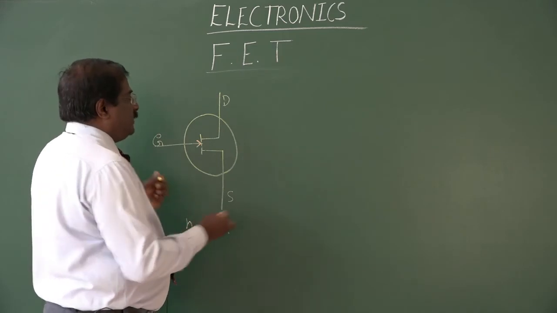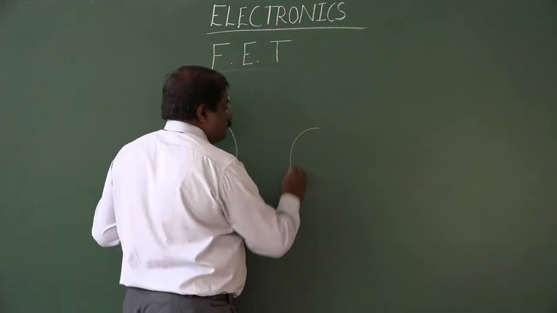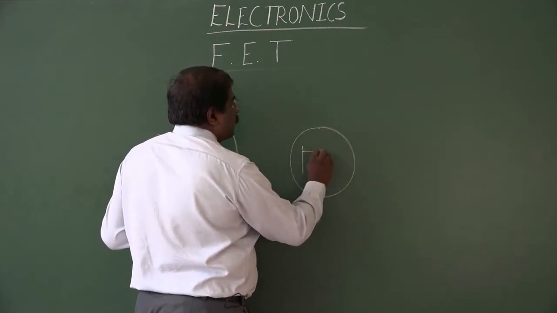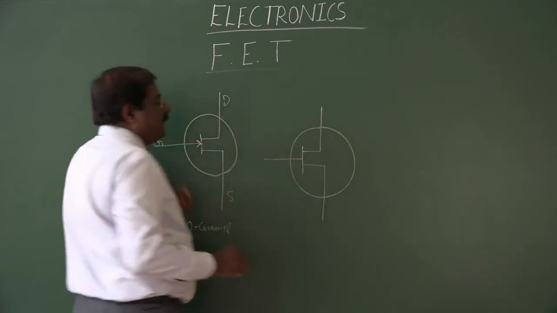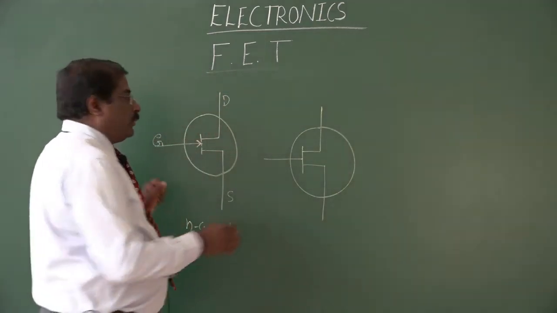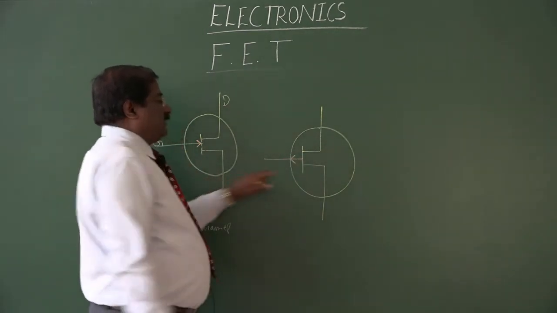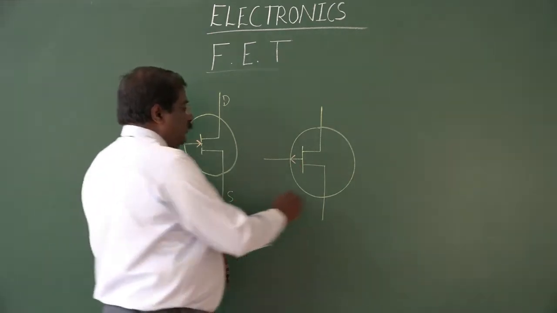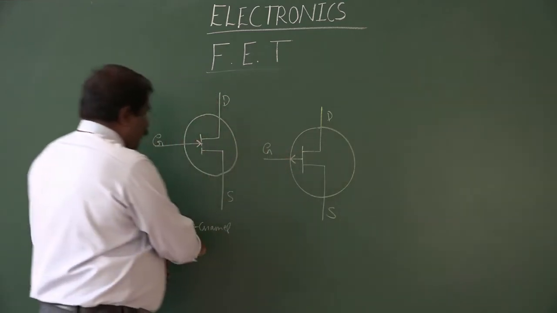In the same case, if we have the P channel, the arrow is pointing outwards. The only difference is with respect to this arrow mark. This is source, drain, gate.